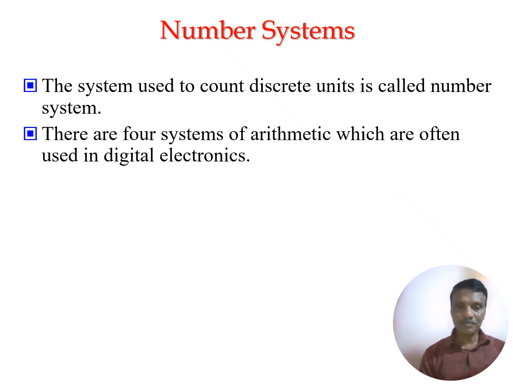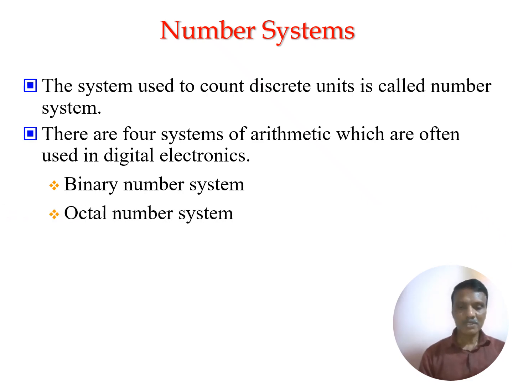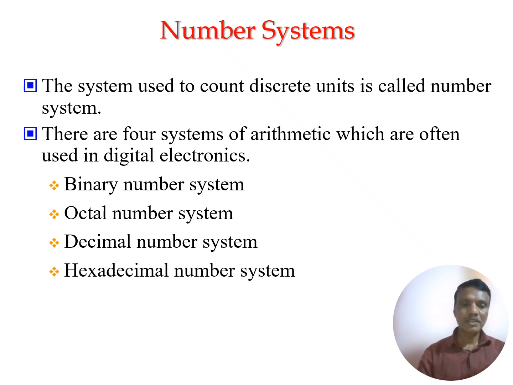There are four number systems most commonly used in digital electronics: binary number system, decimal number system, octal number system, hexadecimal number system.